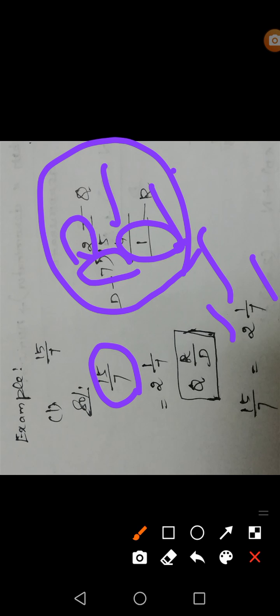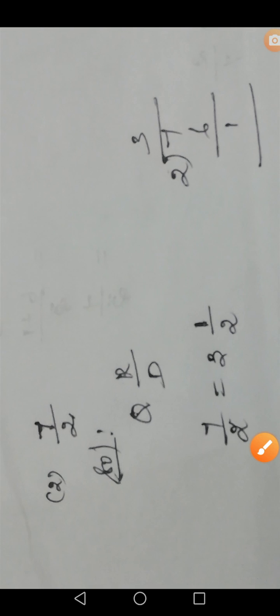Did you understand? Then one more question: 7 by 2, convert to mixed fraction.